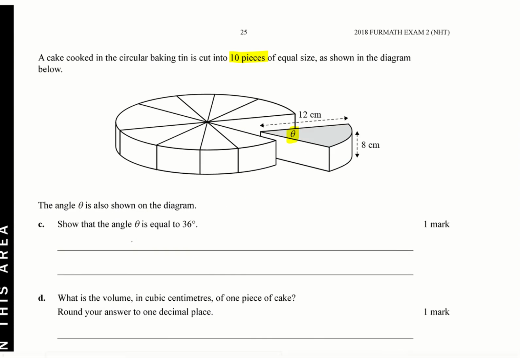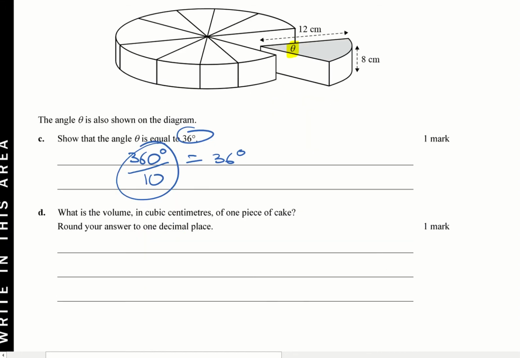It's 360 degrees divided by 10 equal pieces. So if you do that, you're going to get 36 degrees. That's what you're being expected to put there.